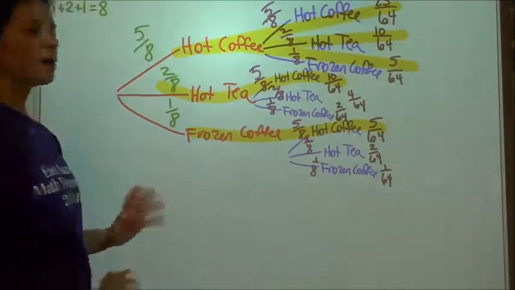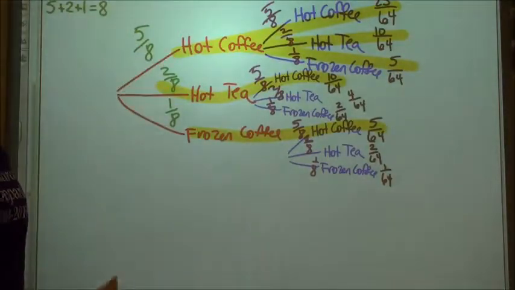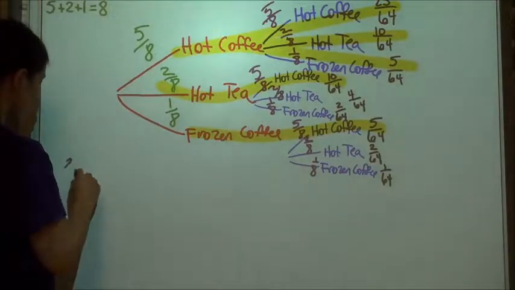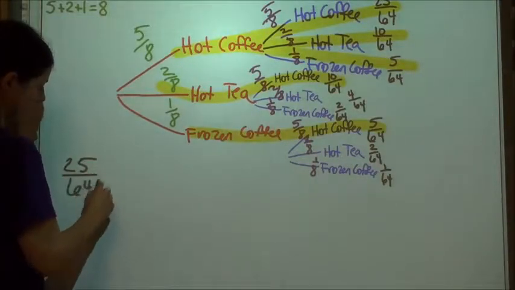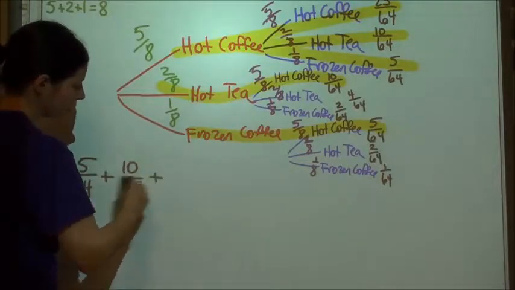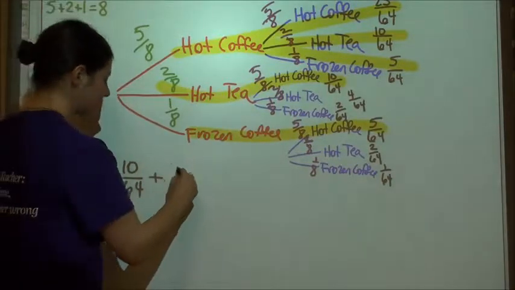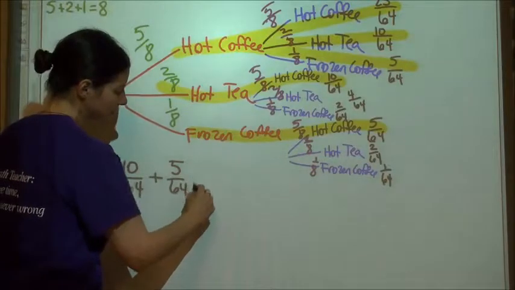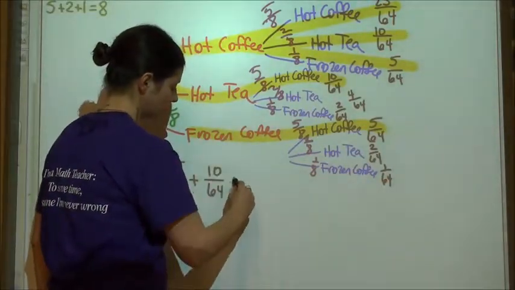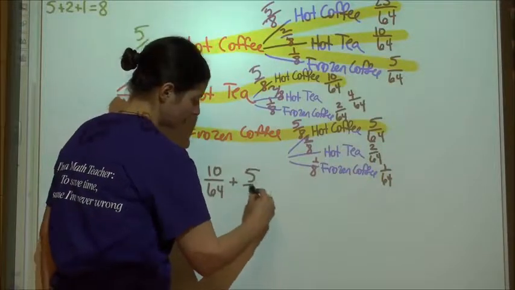So now, to figure out the probability that any of these situations occur, we're going to add them up. So I have 25 out of 64, plus 10 out of 64, plus 5 out of 64, plus 10 out of 64 plus 5 out of 64.